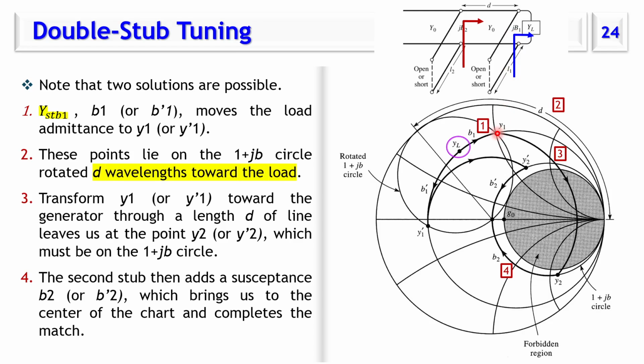Then we can take this circle and return this point back to Y2. So this would be the input admittance at this point. We can do the same for this point. We return it back and we are here at this point. So it's just like a rotation from here to here, or from this point to this point.